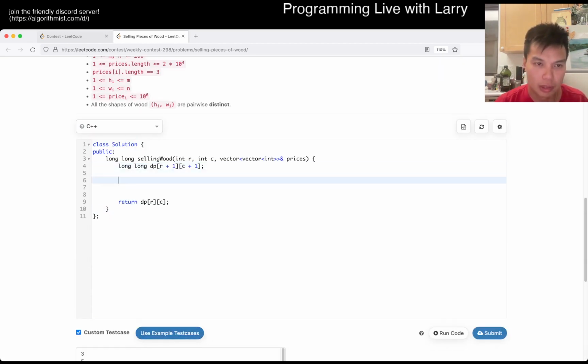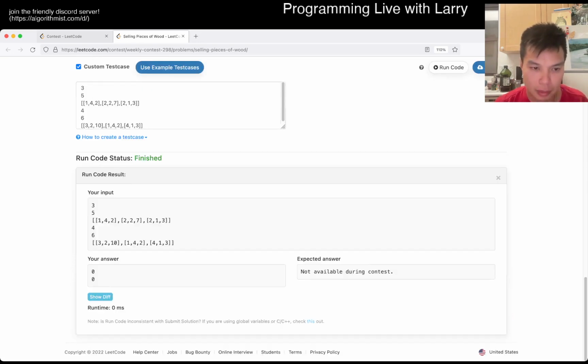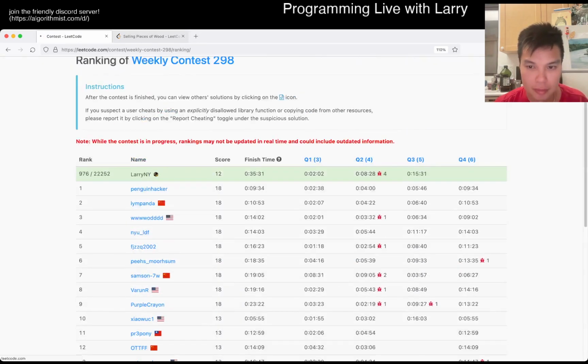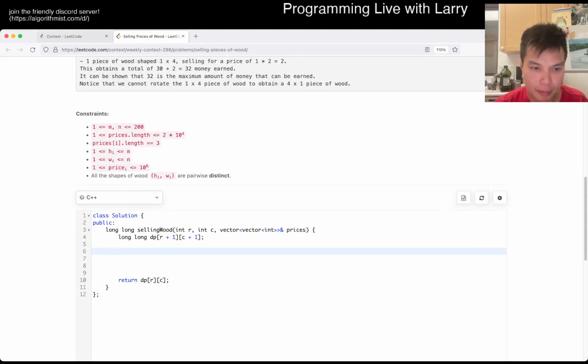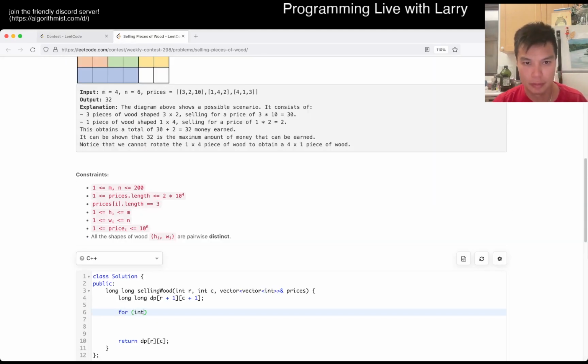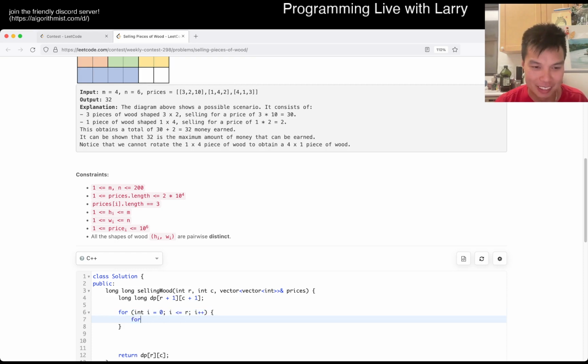How do I construct a DP? I feel like people know how to do this. But okay, I think I got it. Maybe not. I don't know. I shouldn't sound that confident.